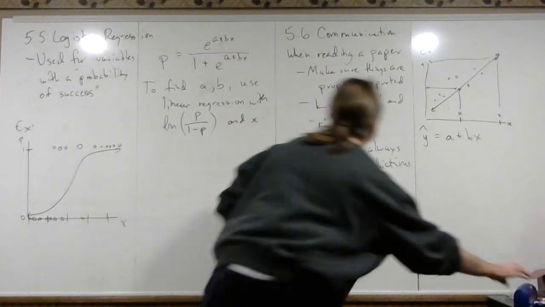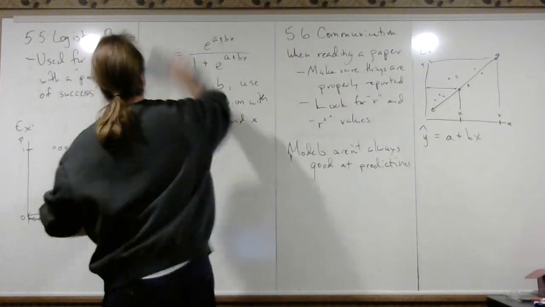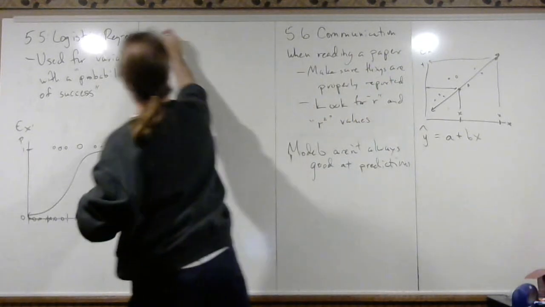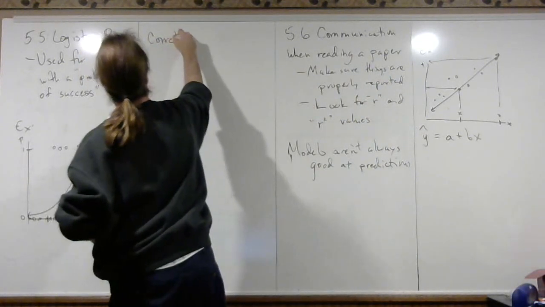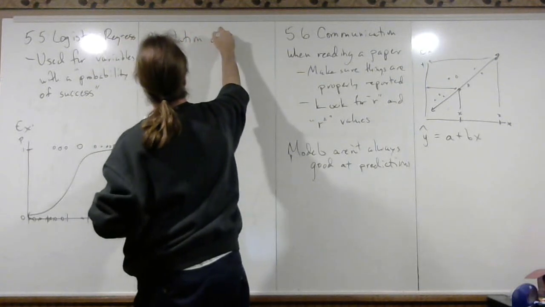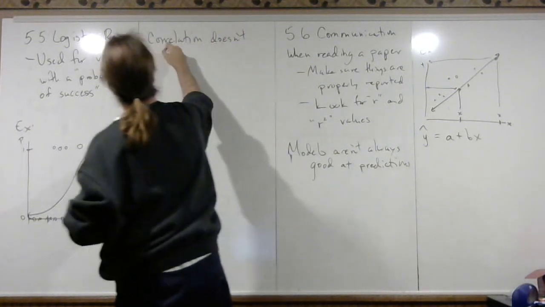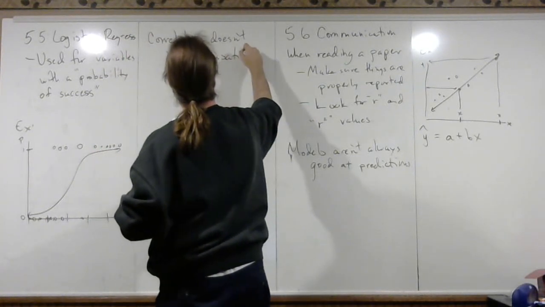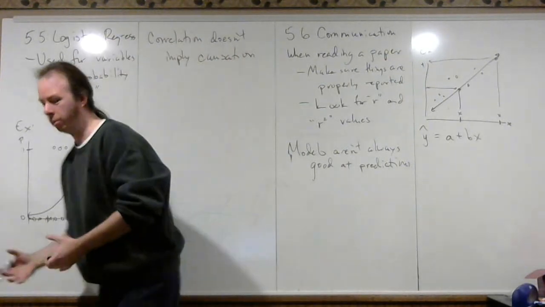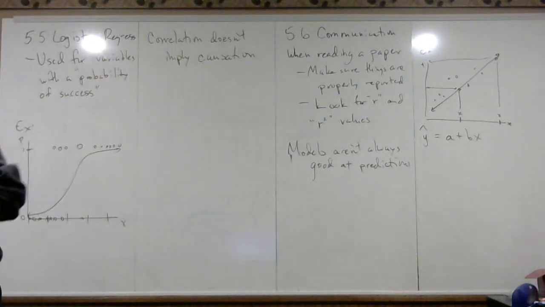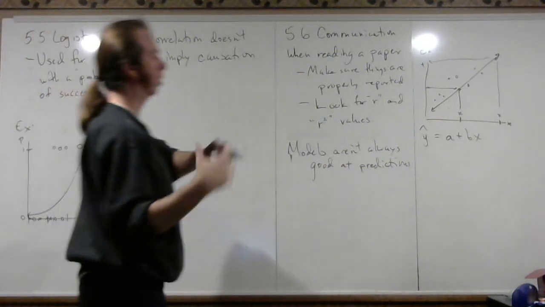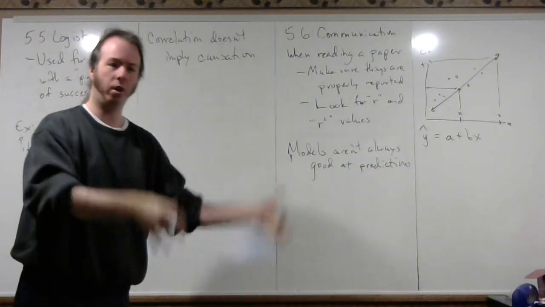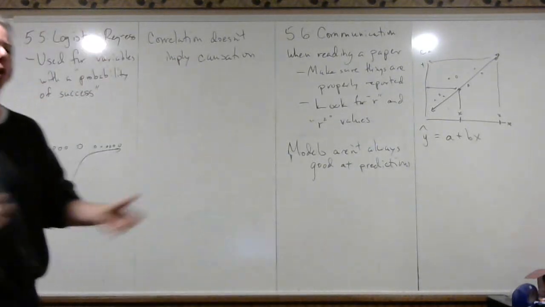The last thing is about correlation. Just because two variables are related to each other, just because we have this relationship between two variables, that doesn't mean that one variable is causing something to happen in the other variable.